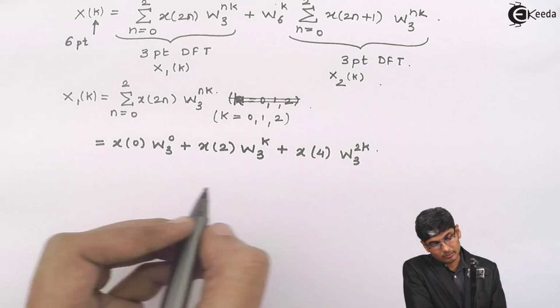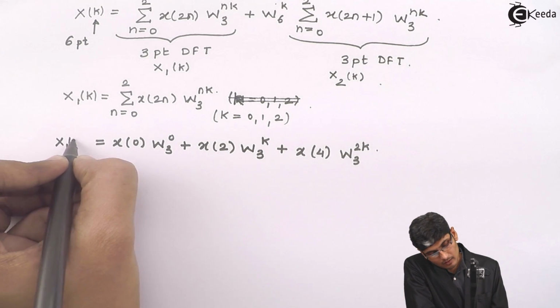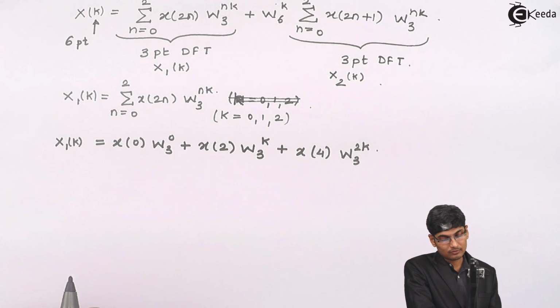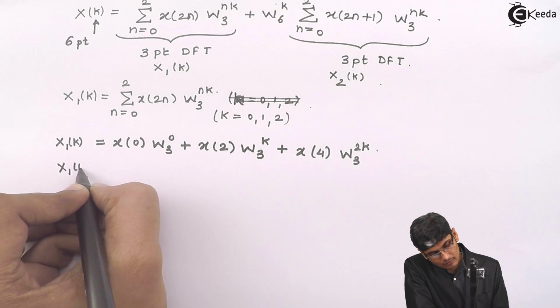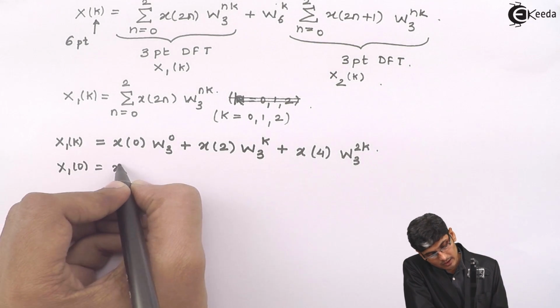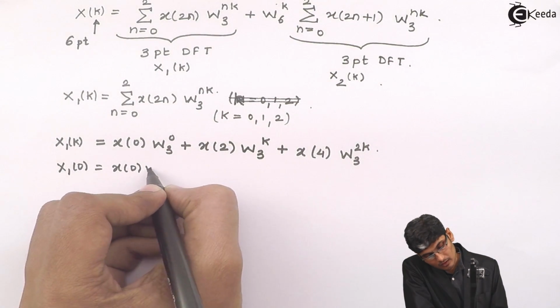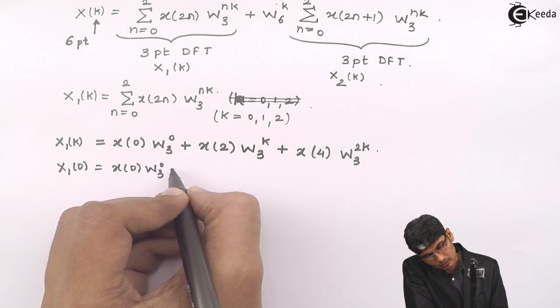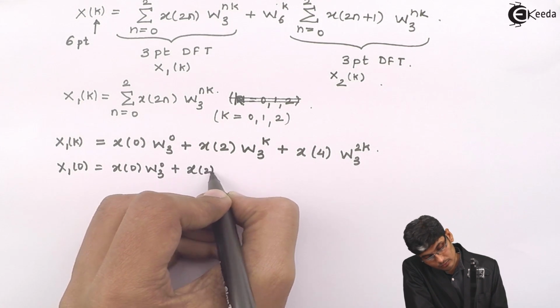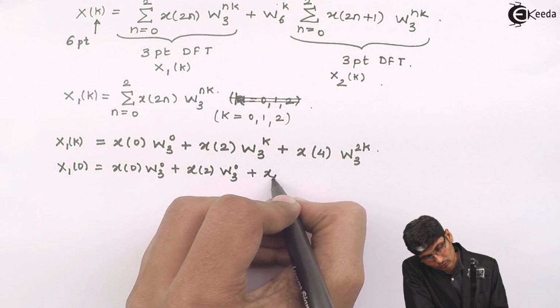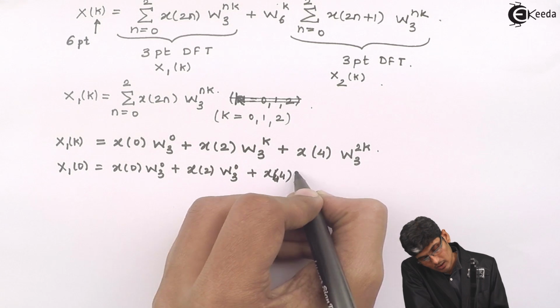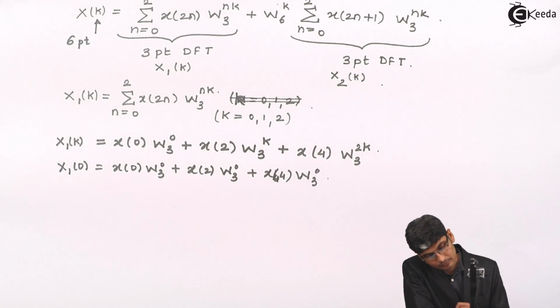Then this is my X1 of k, and what are the values of k? k will take the value 0, so I am going to get X1 of 0, which is nothing but x of 0 W3 raised to 0 plus x of 2 W3 raised to 0 plus x of 4 W3 raised to 0.